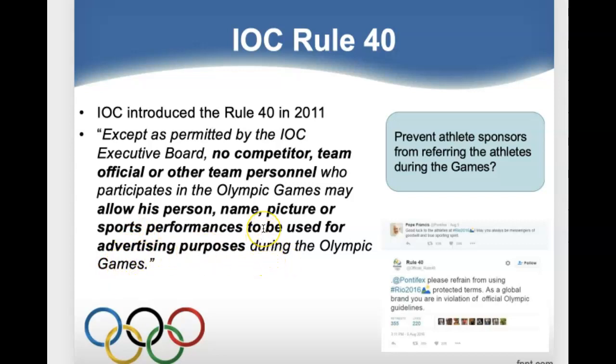So basically, they try to prevent athletes from really promoting their personal sponsors, particularly when their personal sponsors are not the official Olympic sponsors. They use this, right, to prevent athletes from doing it.